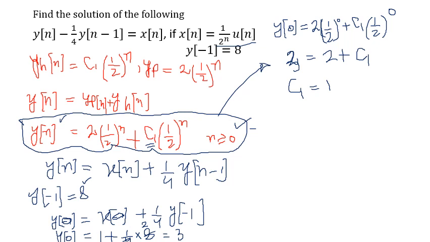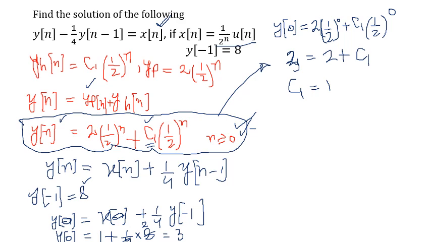So now we have the complete solution of this equation, and the complete solution equals the homogeneous solution plus the particular solution. In the homogeneous solution, we had one unknown, and we found the value of that unknown using the initial condition, and we are given that y of minus 1 equals 8.